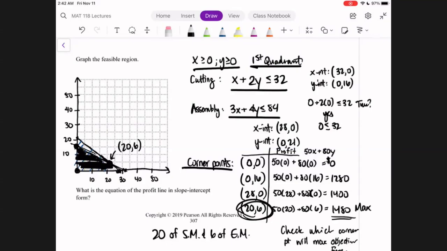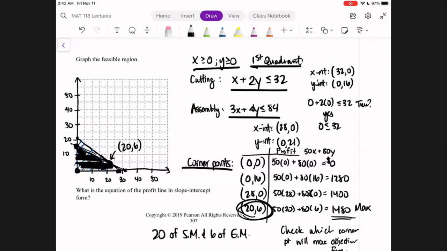So how the book does it, you could read through it, is how it breaks down the corner points, right? And I usually say in this sort of model, the corner points are nice because you just check them all.